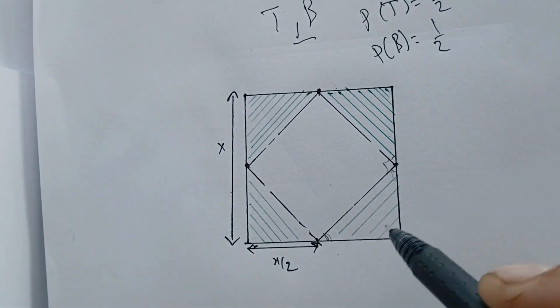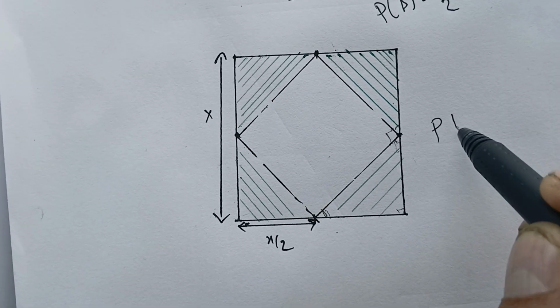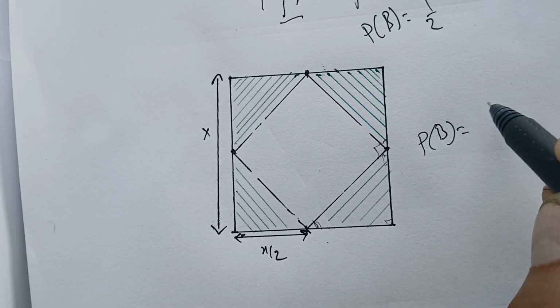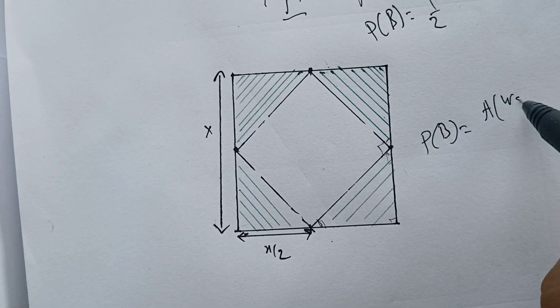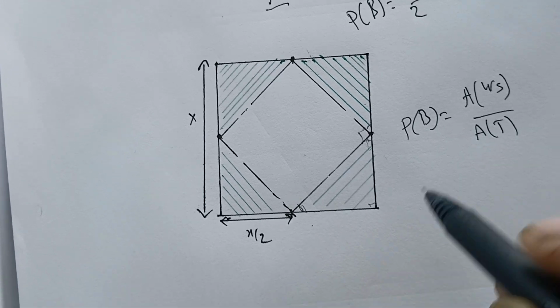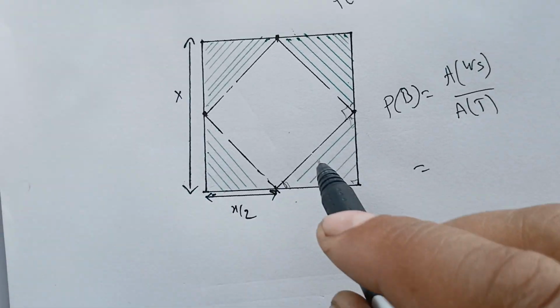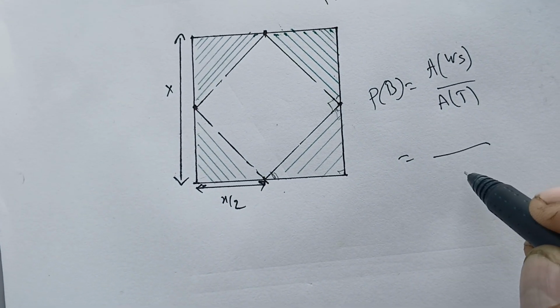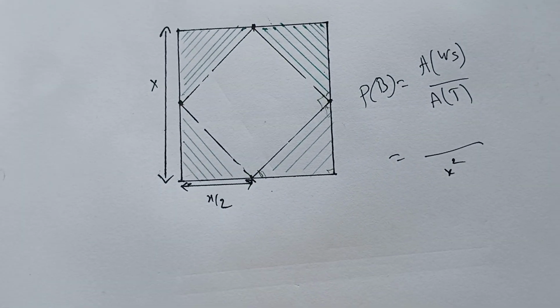So the probability for Biden winning is given by the white area. So the area of the white square over the total area. The total area is given by the area of the square, which is x times x, which is x squared.